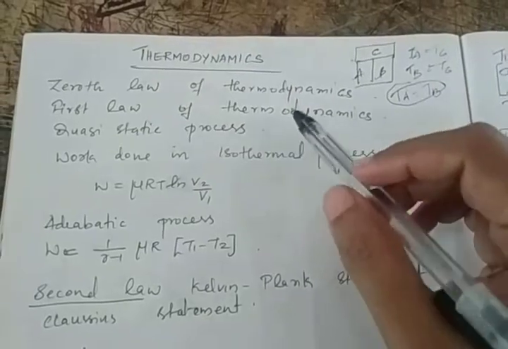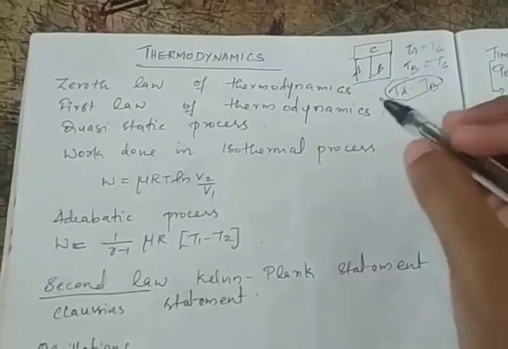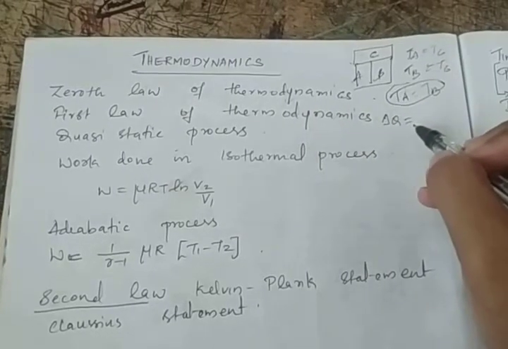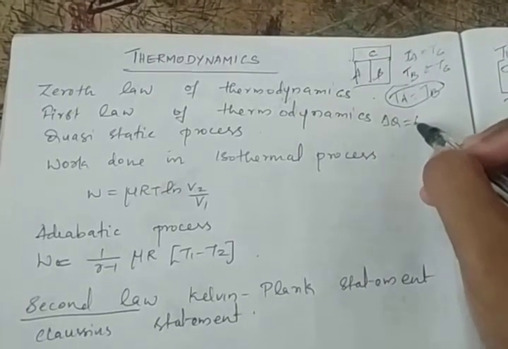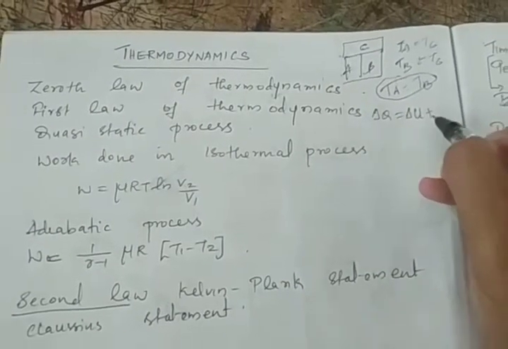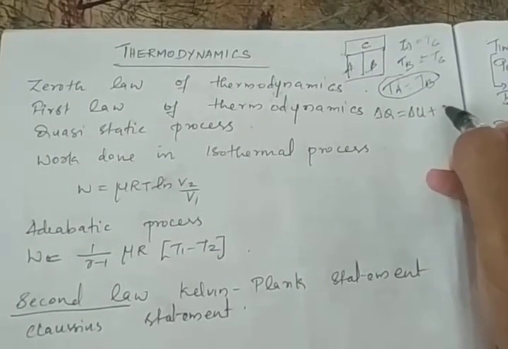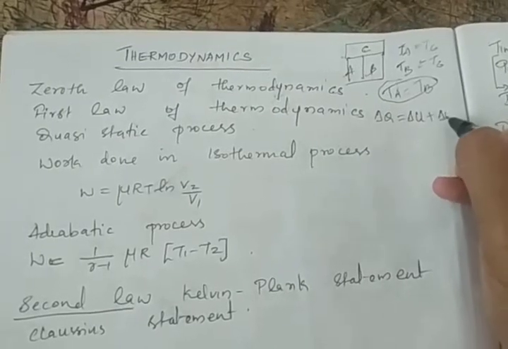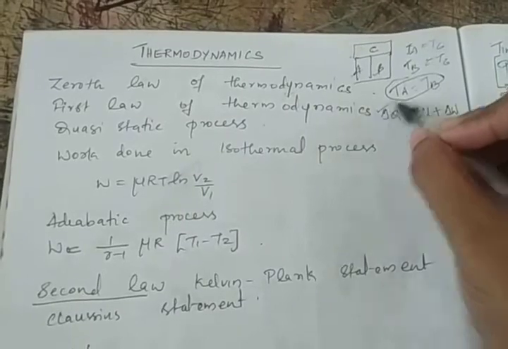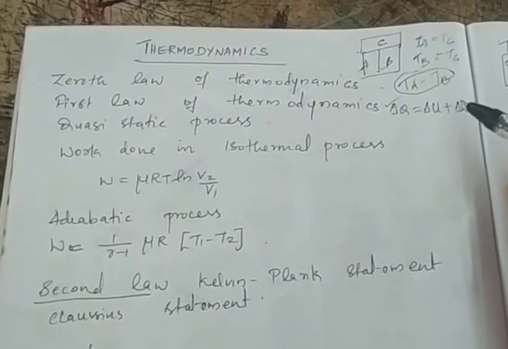Okay. Now next law is first law of thermodynamics. First law of thermodynamics states that the heat energy supplied to a system is partly used to change the internal energy, and rest of the energy is utilized to do the work. Okay, so this is the mathematical expression for first law of thermodynamics.